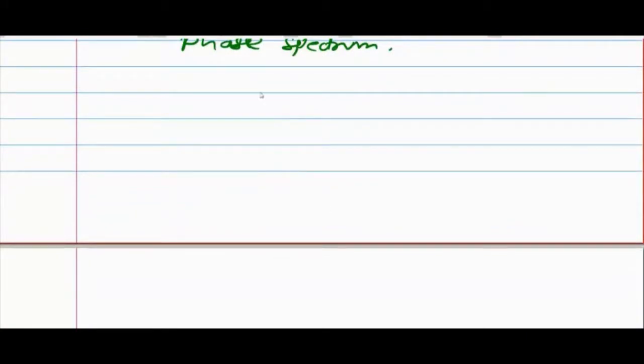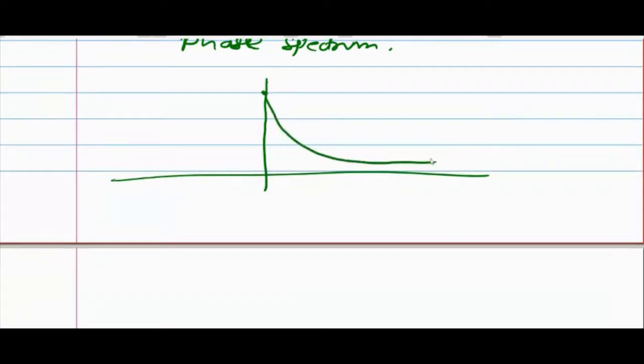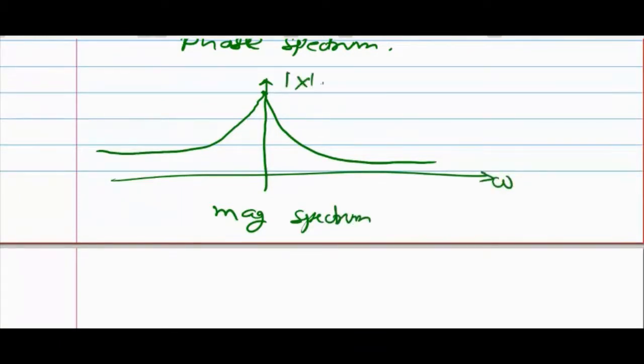And its magnitude spectrum is, it is not expected that you should plot, but I am just giving you the idea. This is the magnitude spectrum. The important thing here is that the magnitude spectrum is even, the phase spectrum is odd.